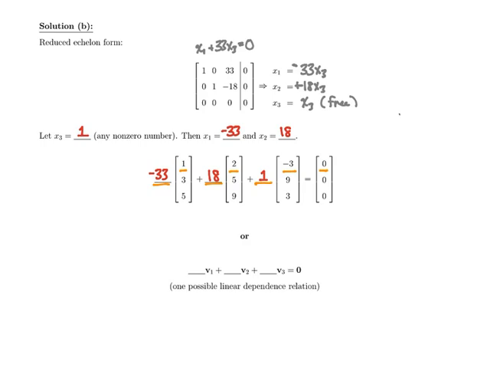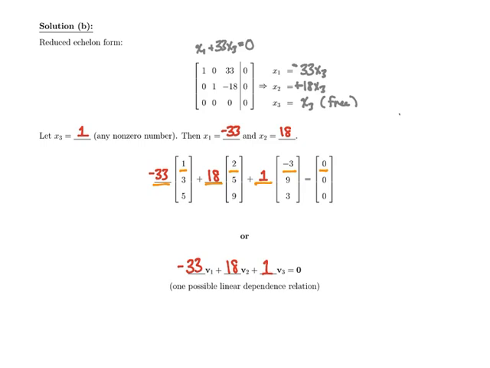Note that this is the original columns of the matrix, not the reduced row echelon form columns. Another way of writing this is negative 33v1 plus 18v2 plus 1v3 equals 0.